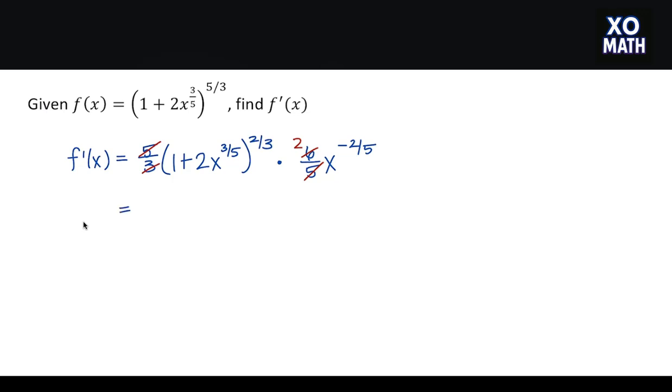Let's keep that 2 in the numerator. And then this entire quantity is raised to a positive exponent, so that'll stay in the numerator. 1 plus 2x to the 3/5, all of that to the 2/3, and then all over x to the positive 2/5. So I'm going to bring that down to the bottom and make it a positive exponent. So this is my final answer.